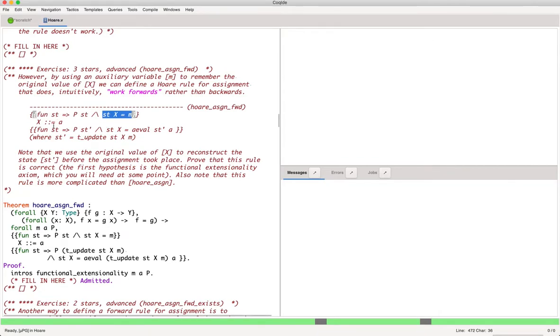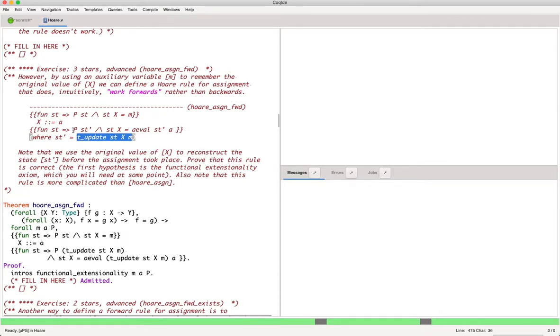So the thing that's going on here is that P holds in the initial state, and P also holds in the final state, right? And it's P holds in ST prime, which is the ST here with X being M, which is what we knew its initial value was.